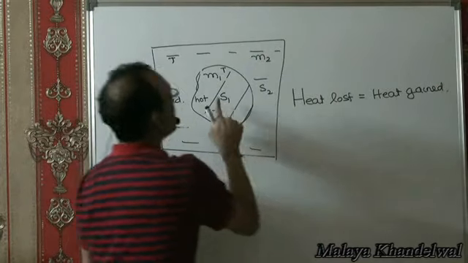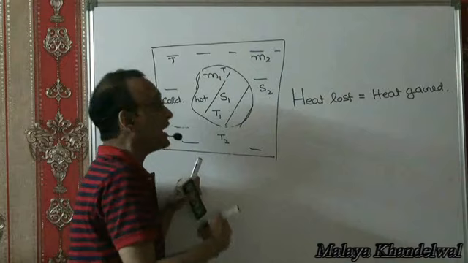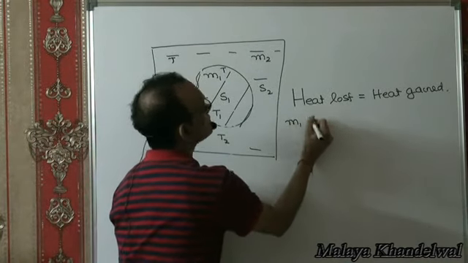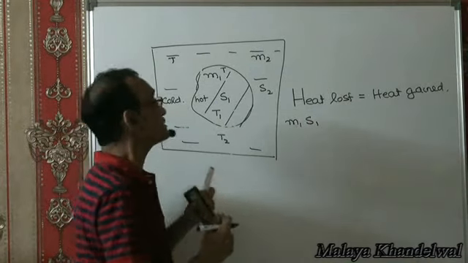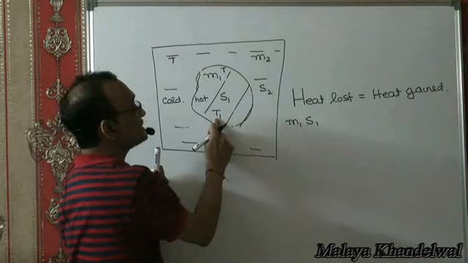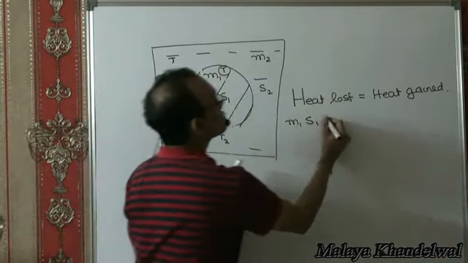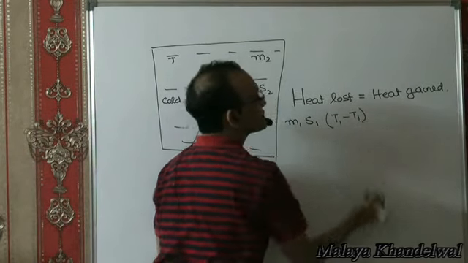So realize that the hotter body gets lowered in temperature, and what is the heat lost by the hotter body? Mass into specific heat S1 into decrease of temperature. Decrease of temperature is going to be, its initial temperature is T1, its final equilibrium temperature is T. So it's T1 minus T is the heat lost by this.